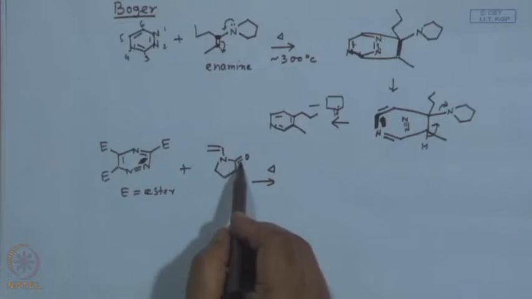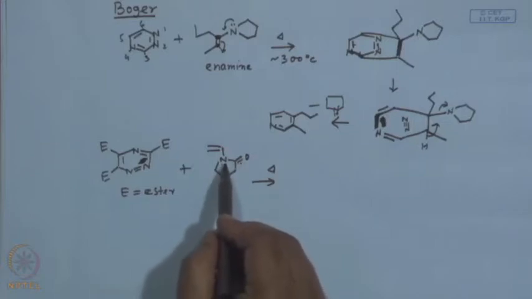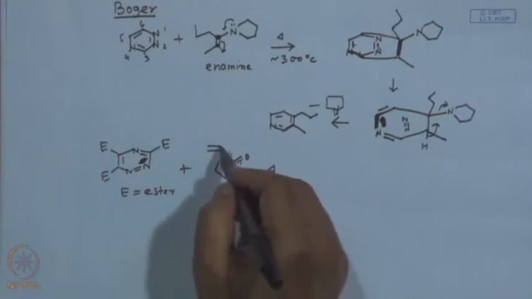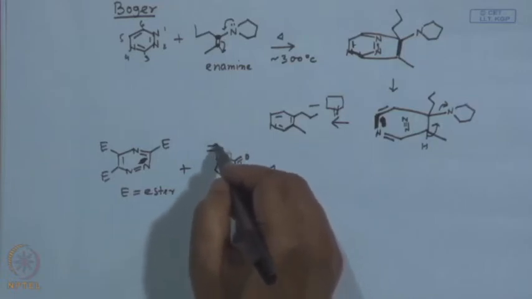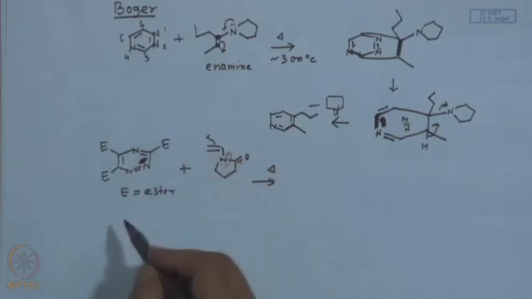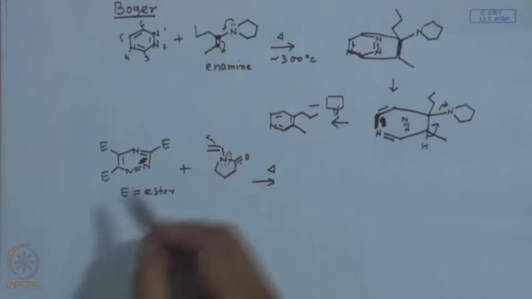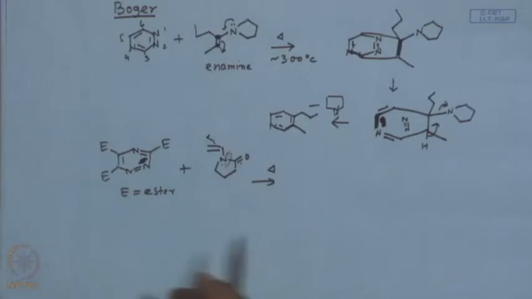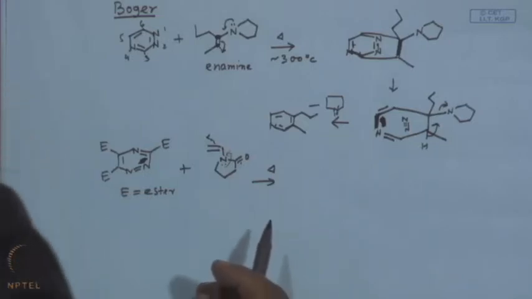Although you have a carbonyl group here, this nitrogen is well known to direct these electrons towards the beta position. Once again, like the enamine case, this reaction takes place on the beta carbon, fine. Let us see whether we come up with the right structure.